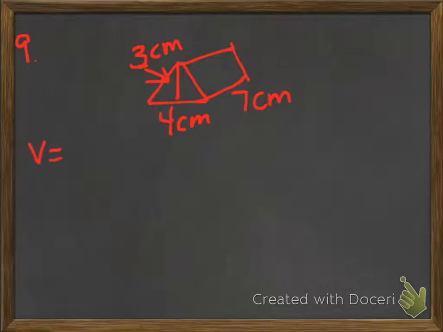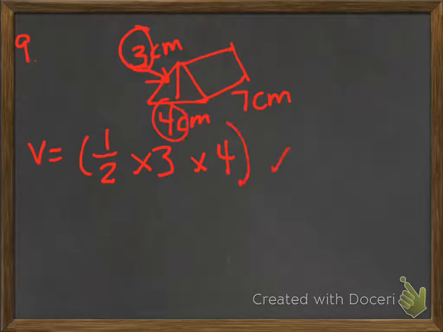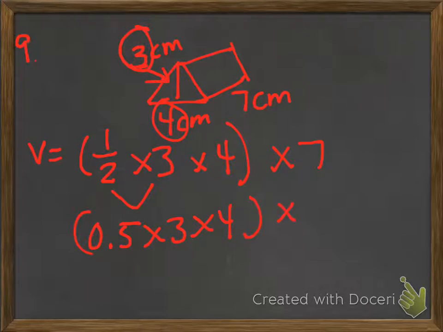To be able to find the volume, remember, since it's a triangular shape, we're going to have to use that half measurement times the 3 times the 4 and then times the 7. Okay, so remember this is 0.5 times 3 times 4, then we multiply that by 7.